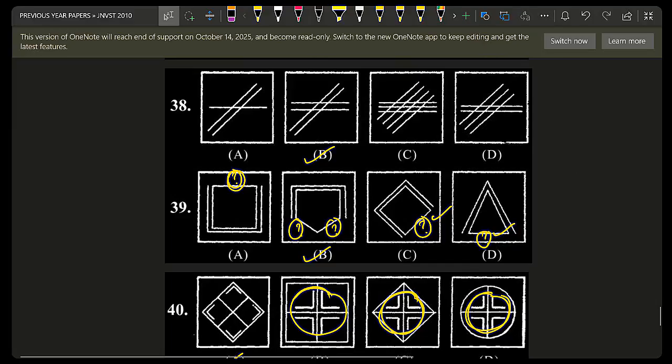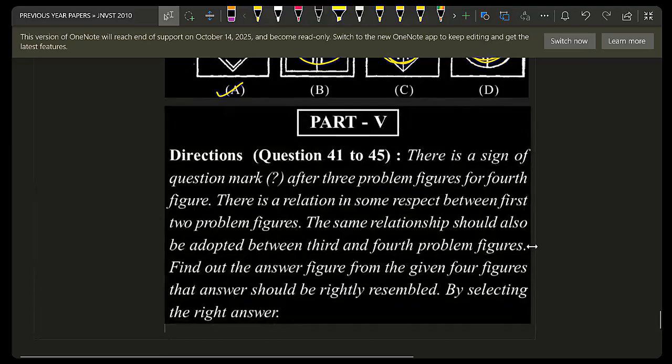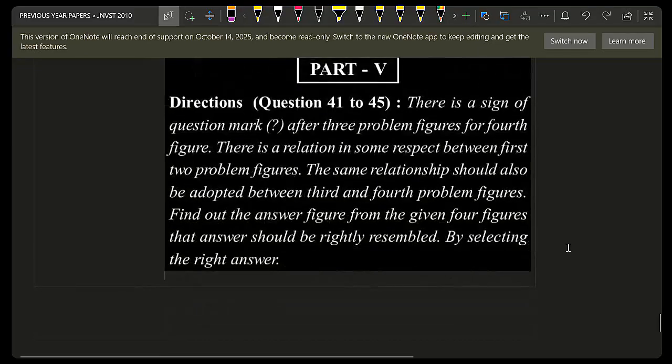Next, we'll start with part 5. First, let us read the directions from part 5. Part 5, questions 41 to 45.